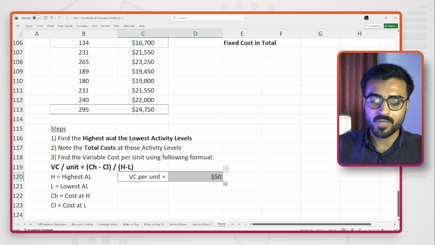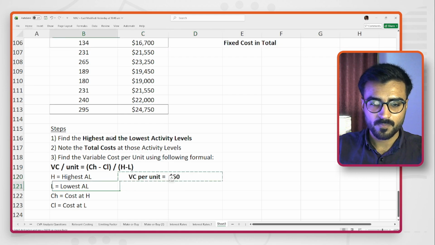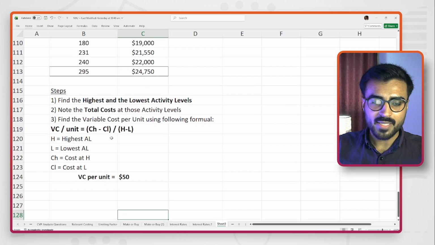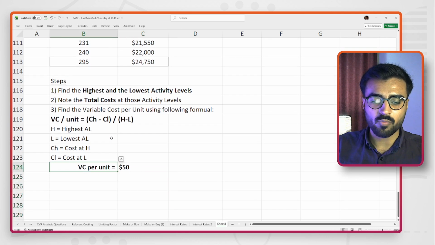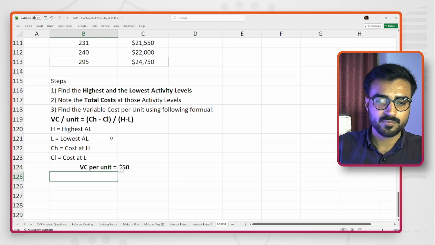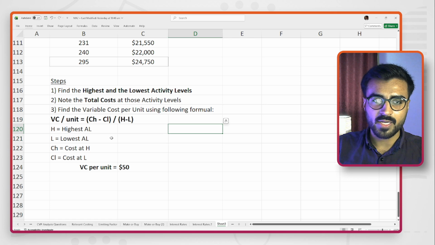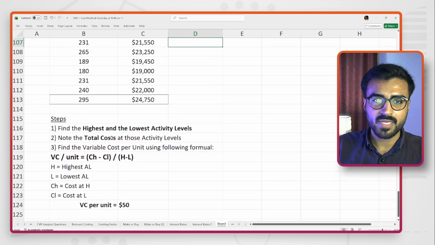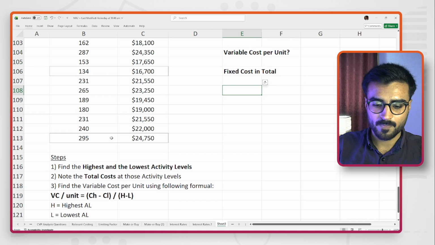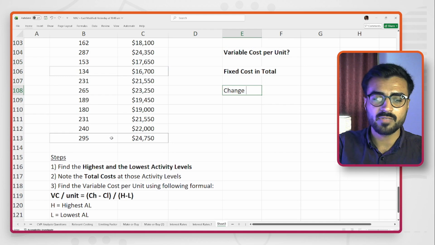So we have found the variable cost per unit, and this was very easy, very simple. So let's understand how this formula is actually working. You are simply calculating the change in cost. The above part of the formula, in which we deduct the cost at the lowest activity level from the cost at the highest activity level, gives the change in total cost.